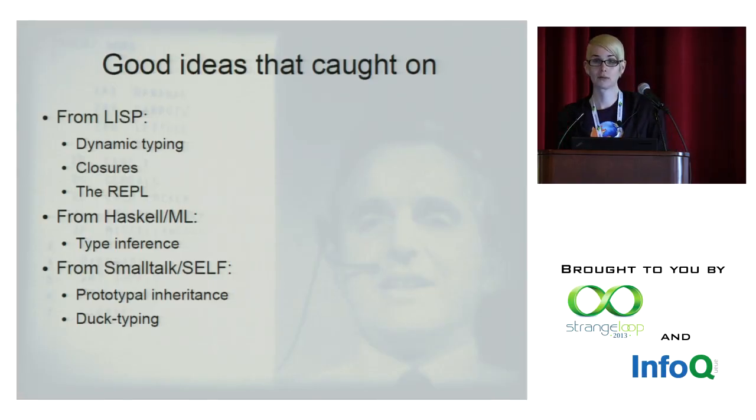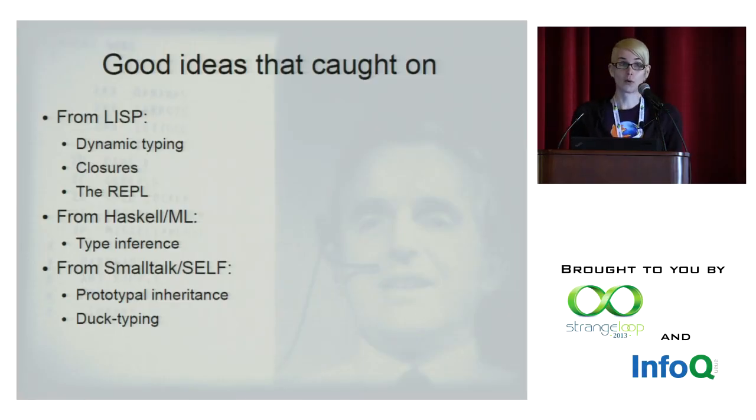From the Haskell and ML world, we're starting to see type inference make it into dynamic languages, except that type inference in dynamic languages is going to be transparent. It's going to be happening behind the scenes. From Smalltalk, we're seeing that prototypal inheritance and duck typing have become relatively mainstream in JavaScript, for example.